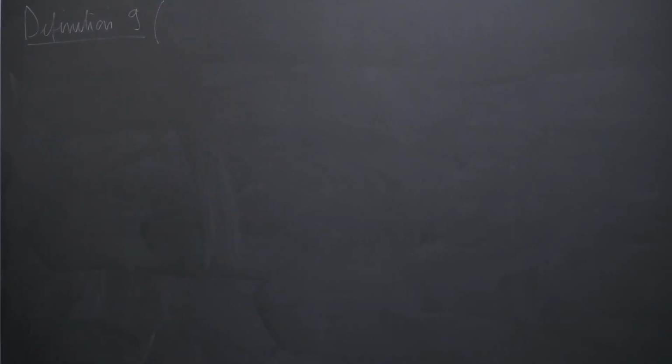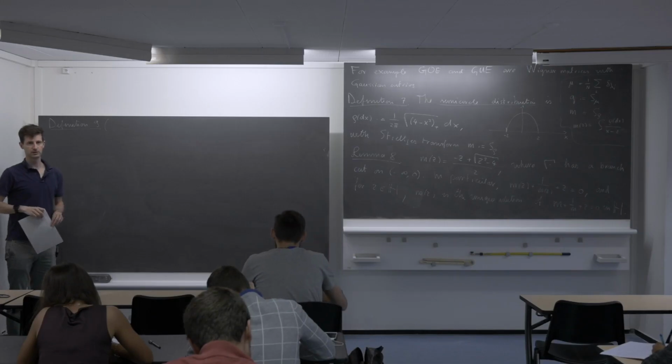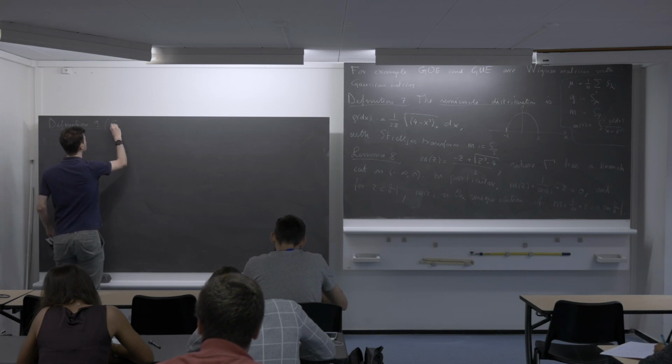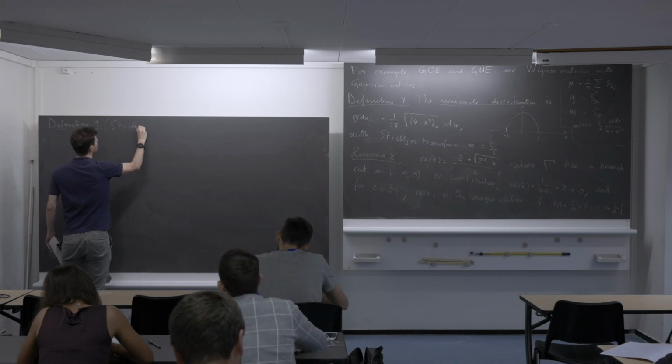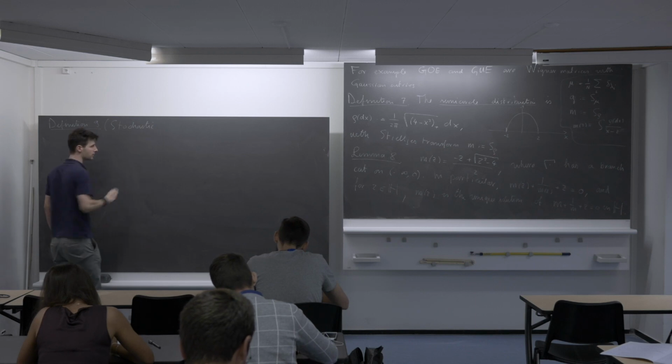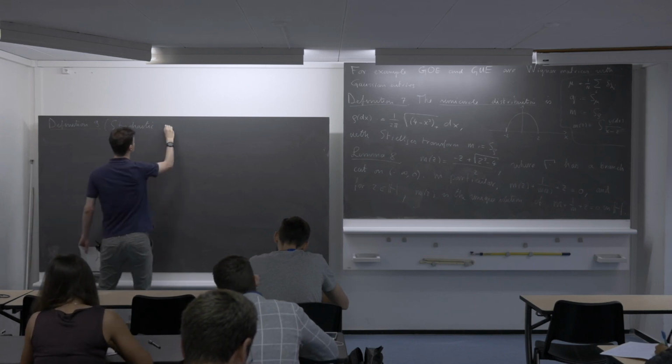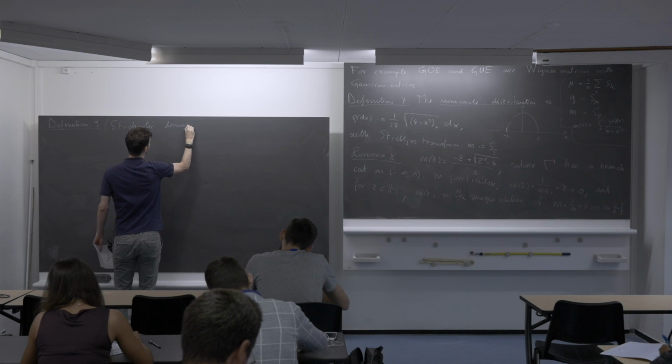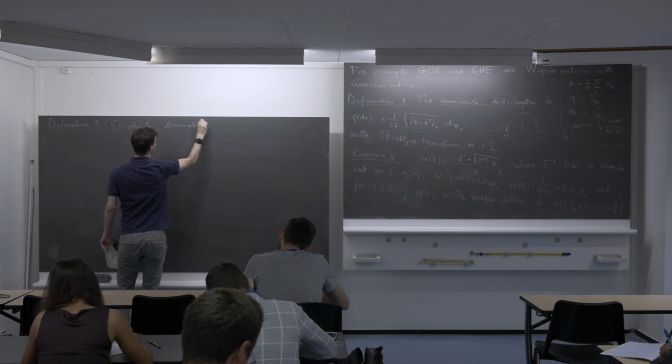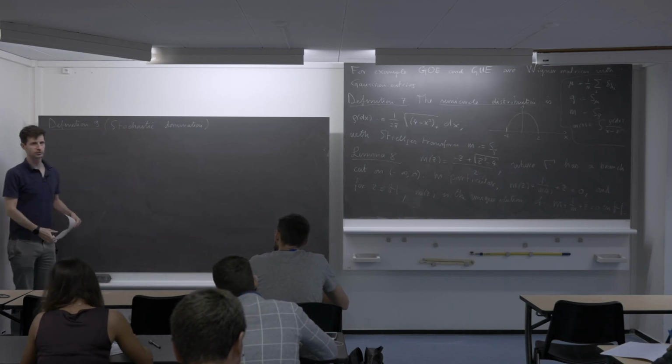In the random matrix theory literature, it goes by the name of stochastic domination. It was perhaps an unfortunate choice of name.